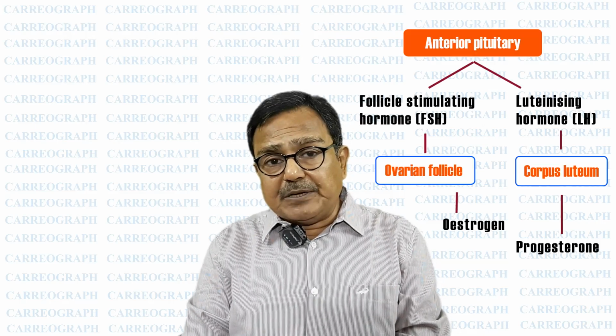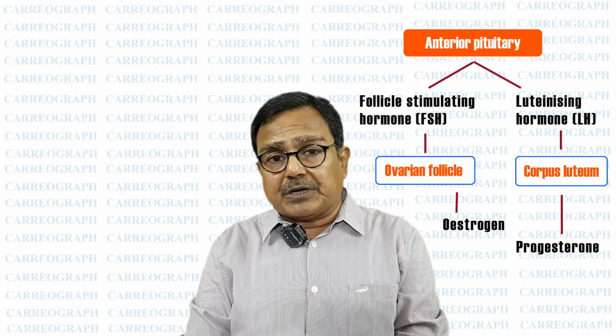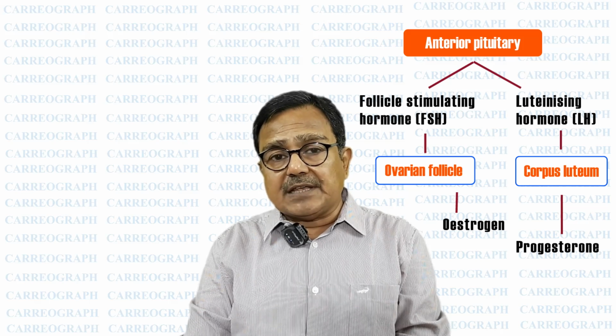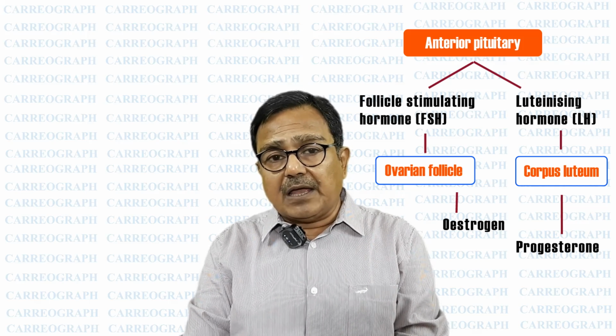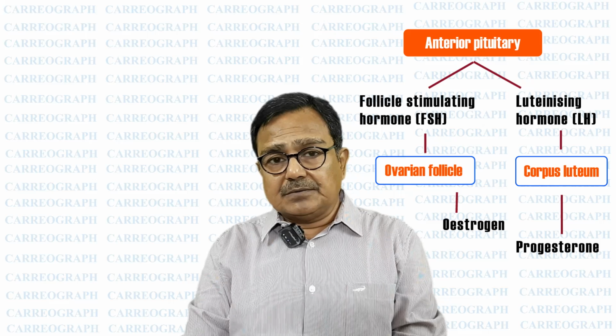Let us discuss the hormonal part of the female reproductive system. This is very important. When you discuss the female reproductive system, you must know about the hormones. That is the endocrine system. From our pituitary, one of the most important hormones is released, that is FSH, follicle stimulating hormone.